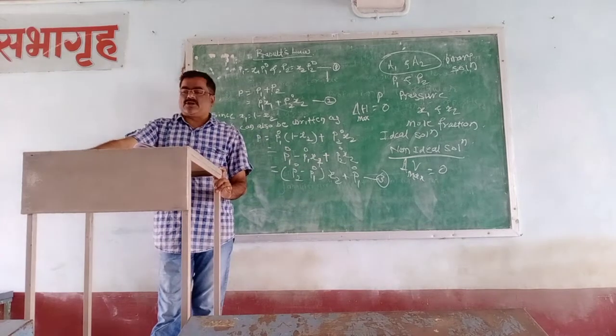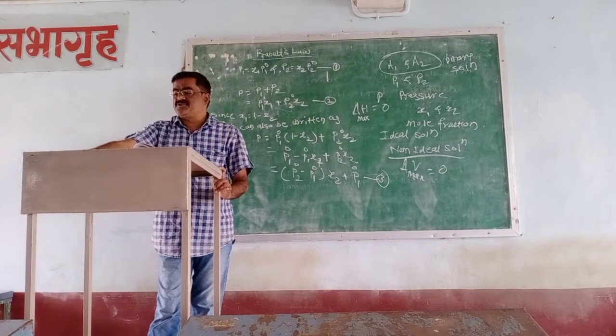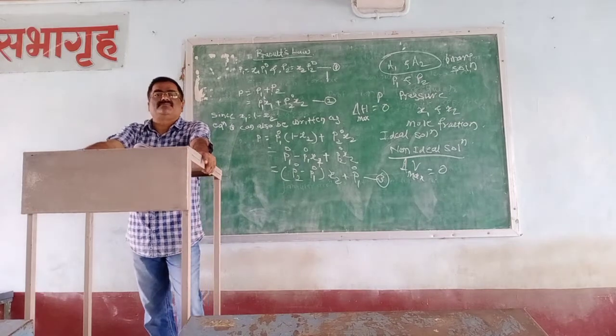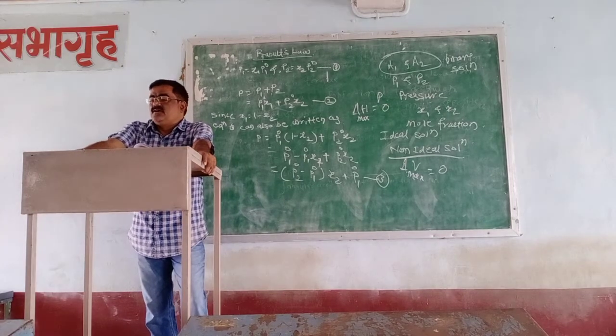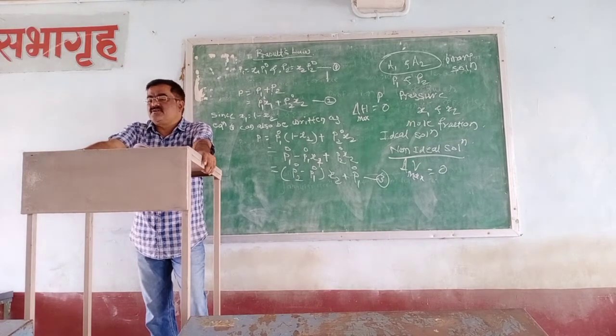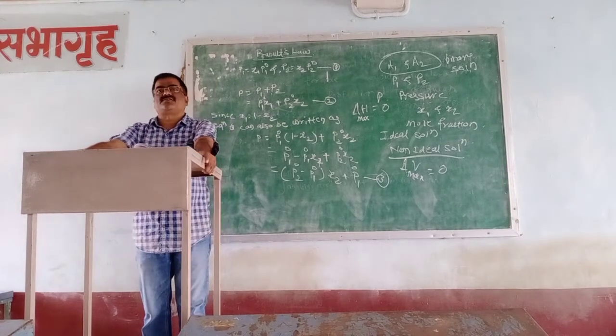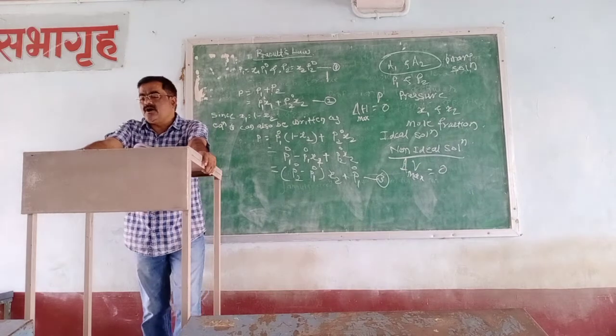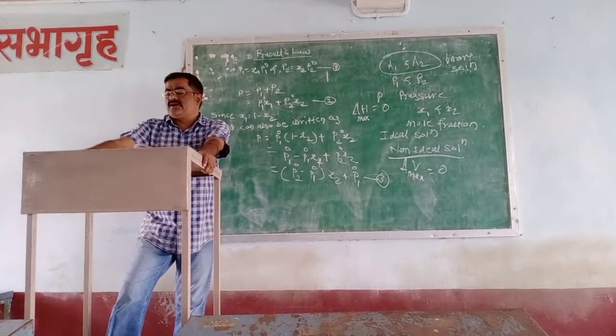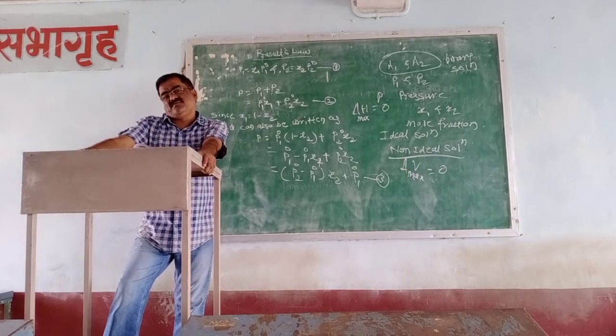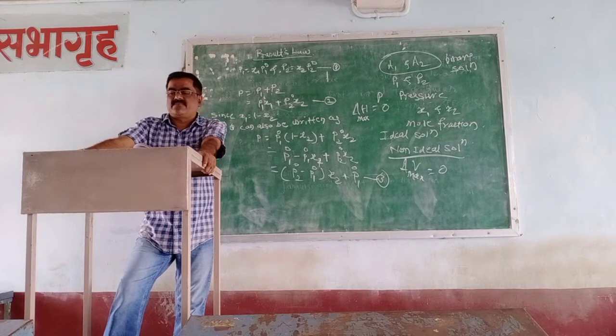Then when we are talking about the colligative properties of non-electrolyte solutions: the physical properties of the solutions that depend upon the number of solute particles in the solution and not on their nature are called colligative properties. What is meant by colligative properties?